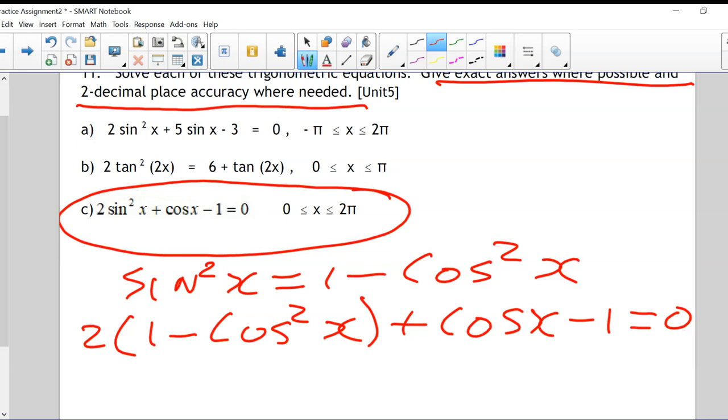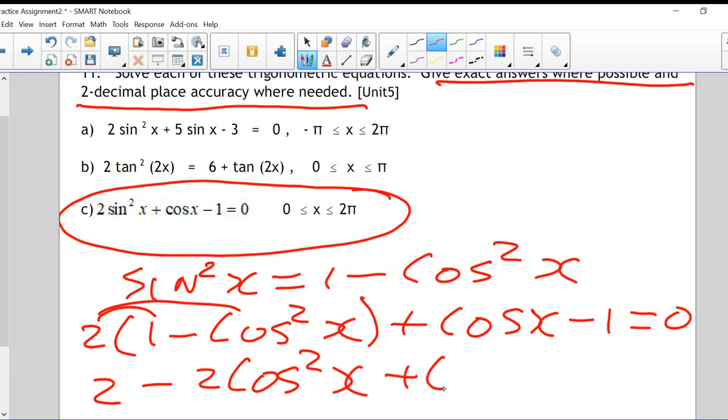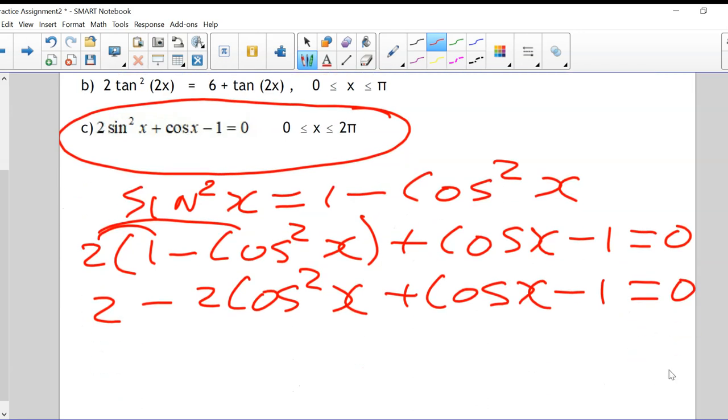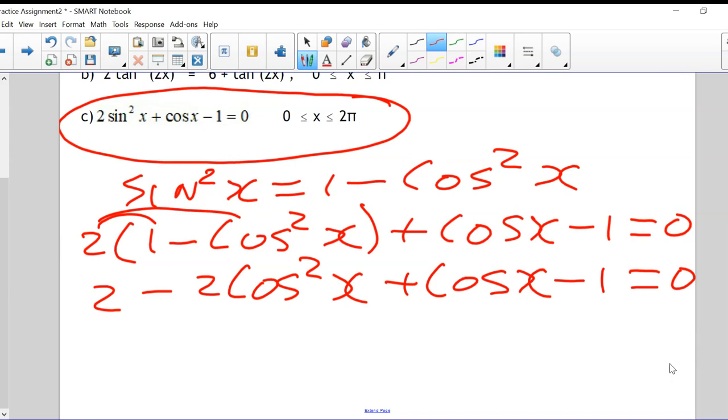How about if I just use the distributive property and multiply that 2 into this bracket? Can we do that? Let's try that. So 2 times 1 is 2 minus 2 cos squared x plus cos x minus 1 equals 0. All right, so I just multiplied out that 2.